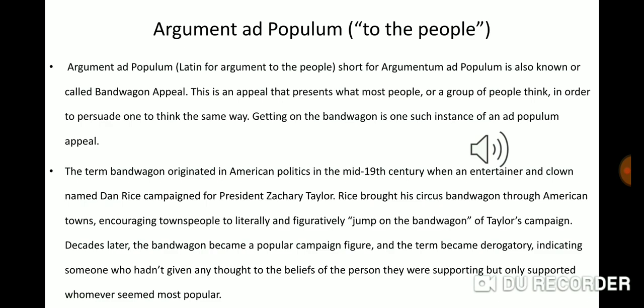Decades later, the bandwagon became a popular campaign figure, and the term became derogatory, indicating someone who hadn't given any thought to the beliefs of the person they were supporting, but only supported whomever seemed most popular.